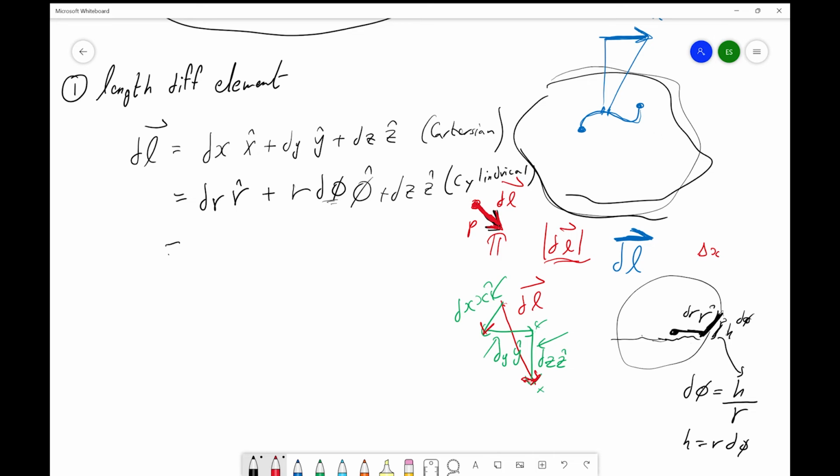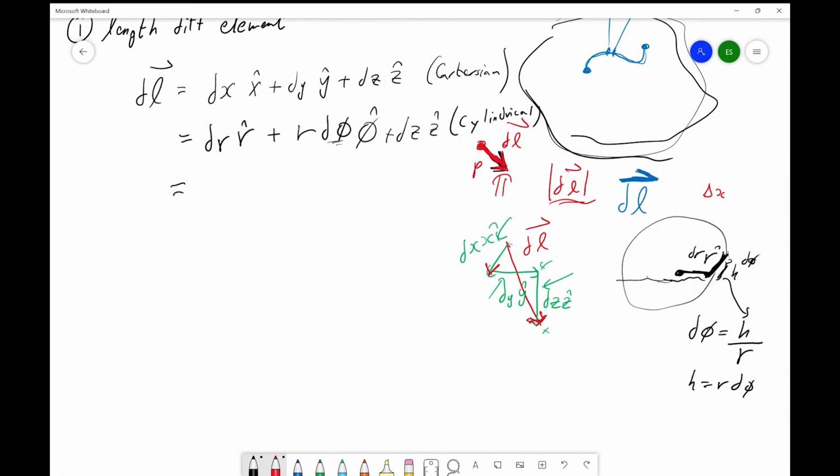Right? Now expressing this in spherical is also easy. Right? So I have dr r hat plus the theta direction. So I have here, I go in the r direction, right?